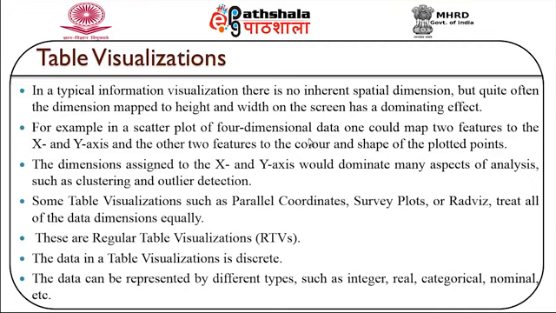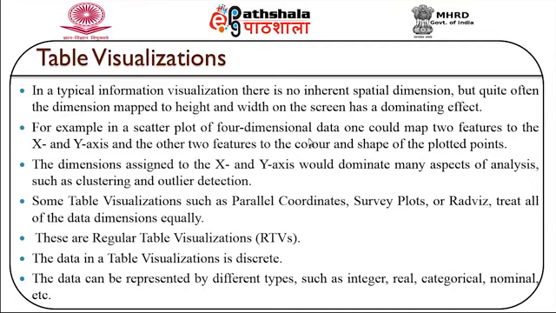For example, in a scatter plot of 4-dimensional data, one could map 2 features to the x and y axes and the other 2 features to the color and shape of the plotted points. The dimensions assigned to the x and y axes would dominate many aspects of analysis, as they are helpful in clustering and also in outlier detection.